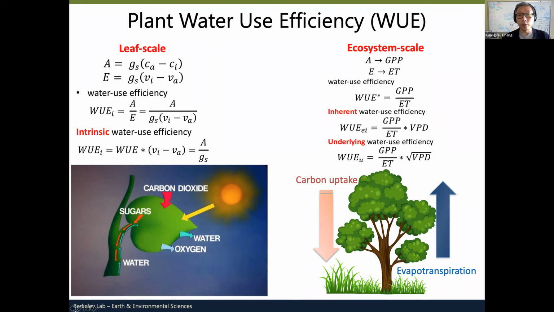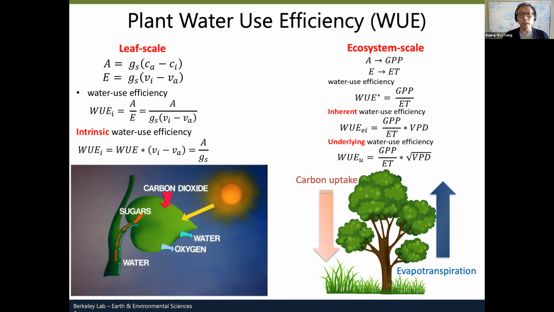For example, the inherent water use efficiency takes the ratio of GPP to ET times vapor pressure deficit. And then the underlying water use efficiency takes the ratio of GPP to ET times the square root of VPD.